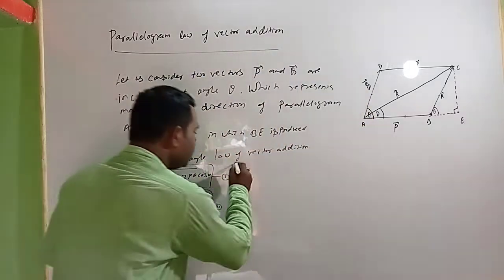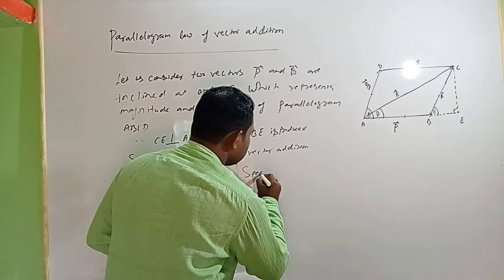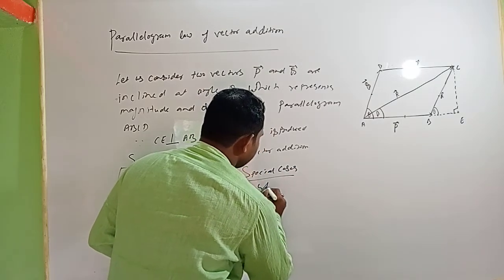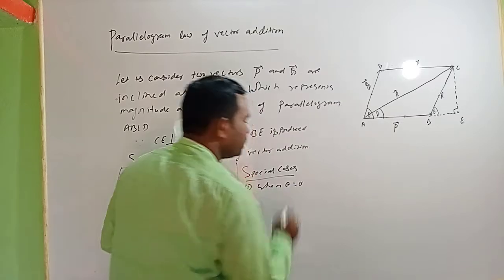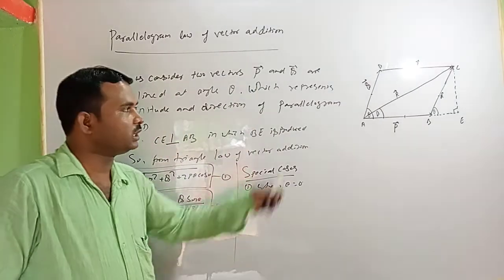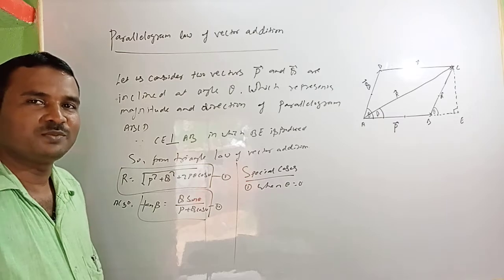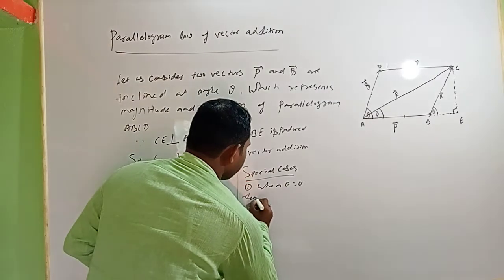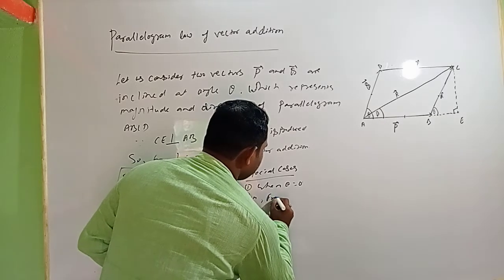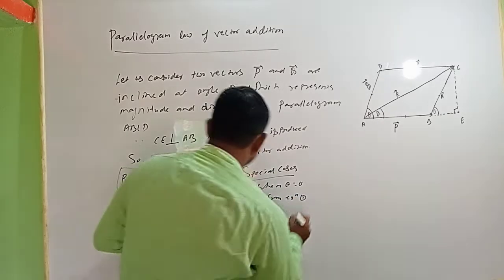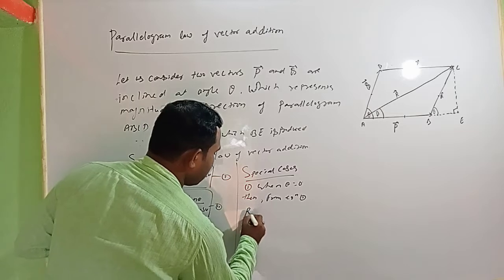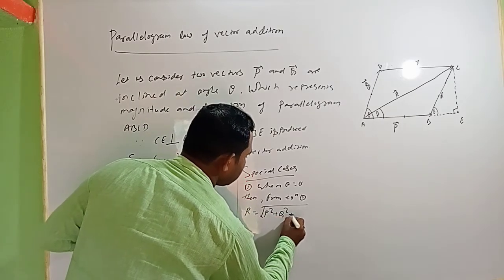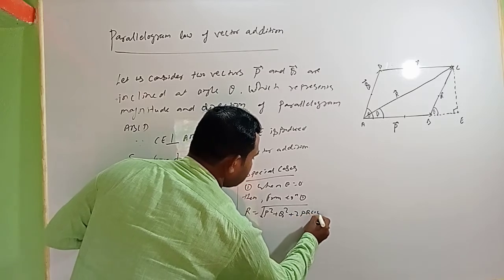What you will write? If you take the special cases, first suppose theta is equal to 0 degree. If you substitute this value, then what will be the answer? From equation 1, R is equal to root under P square plus Q square plus 2PQ cos theta.